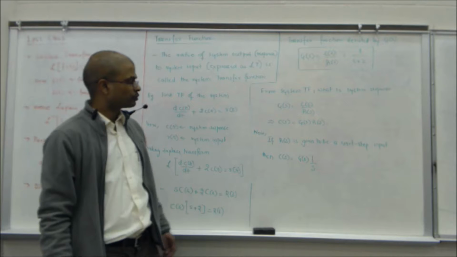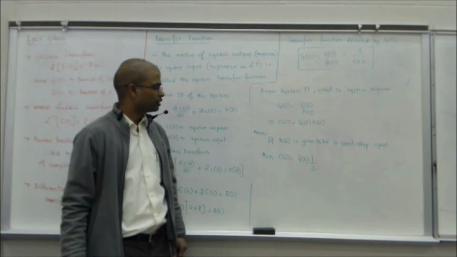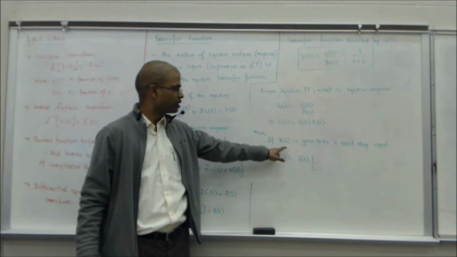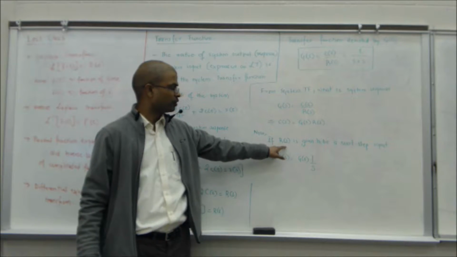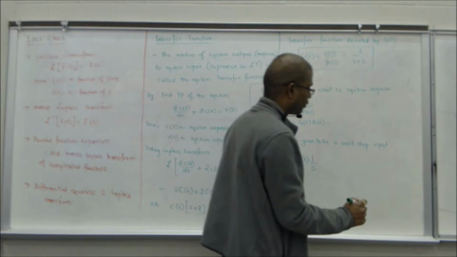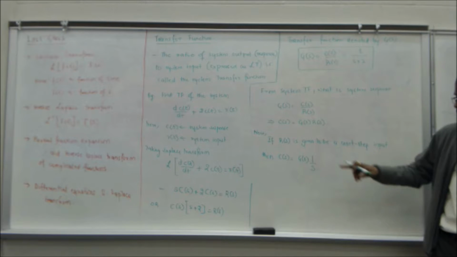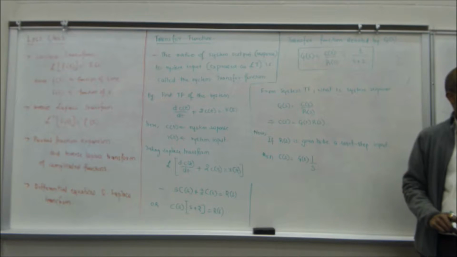So if R of S is given to be a unit step input, what that means is the Laplace transform. How did we define unit step input? 1, right? So the Laplace of 1 is 1 over S. Got it?